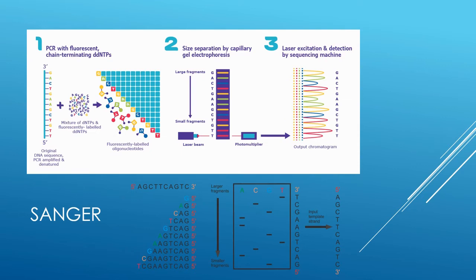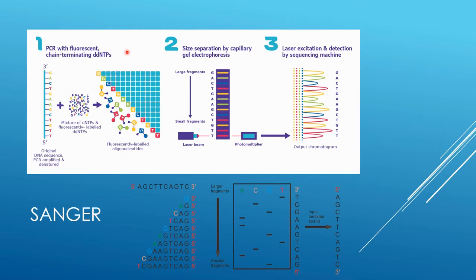So how is Sanger sequencing accomplished? As we talked about, the first step is PCR, and this is done with fluorescent ddNTPs. PCR amplifies the target DNA, and as it's amplifying, some ddNTPs will be in the solution as well as normal dNTPs.